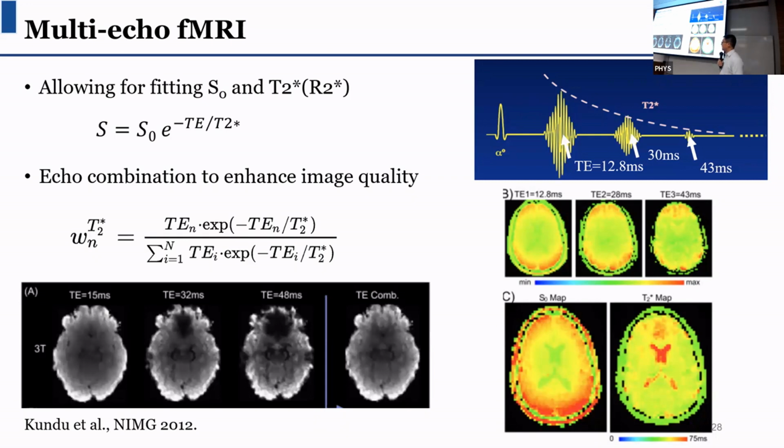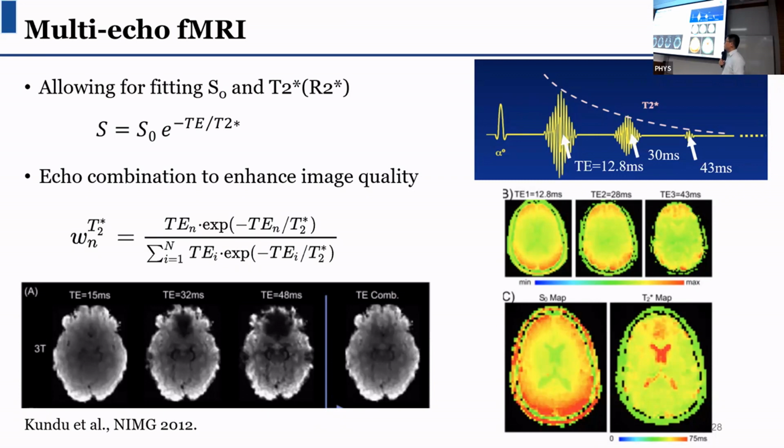Another good thing, as proposed by Kundu in 2012, is that you have this short TE. That means the image distortion will be much better than with the longer TE. With a longer TE, like a TE value set to 45, in the frontal lobe region you have very severe signal loss, because of the susceptibility artifact I mentioned a little bit earlier.